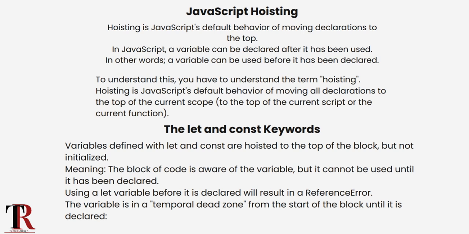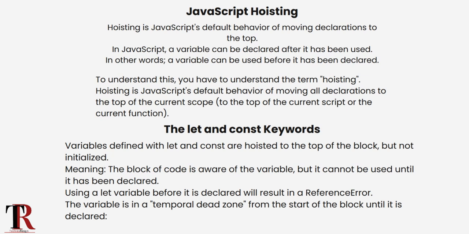In JavaScript, a variable can be declared after it has been used. An example is when we used carName outside without having declared it, later declared it without a function, and it still became globally accessible. That's an example of hoisting.